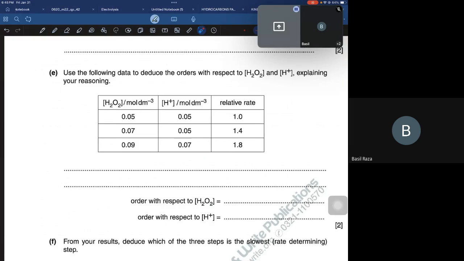Yes, can you tell me the order of reaction? Sir, according to H2O2, it's 1. Yes, sir, it's 1. Okay, and with respect to H positive?